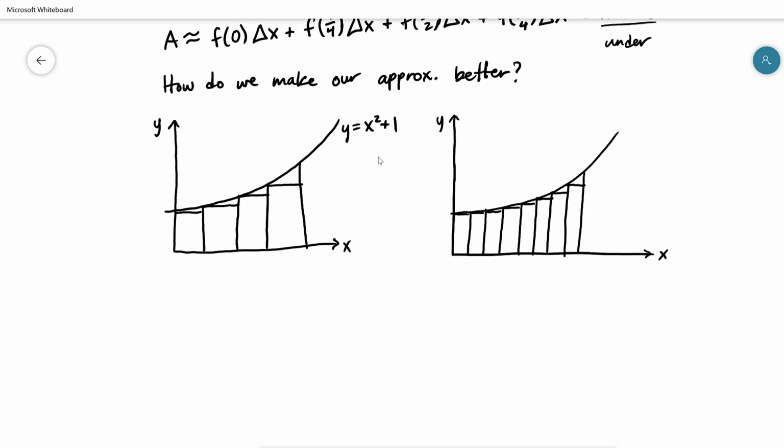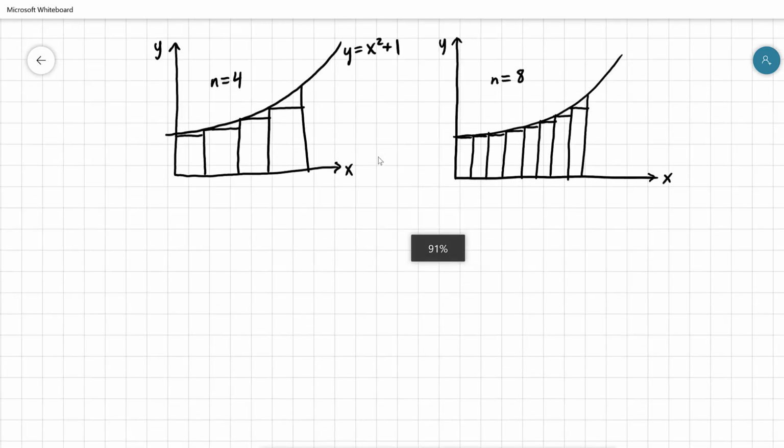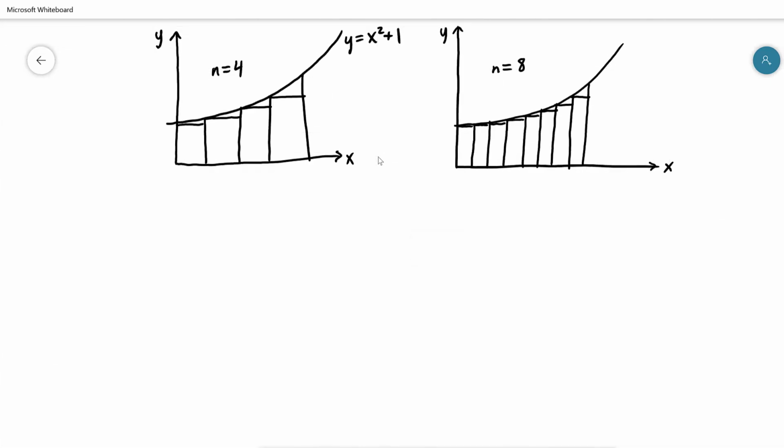Same shape, so here's n equals 4. We're letting n be the number of rectangles. Here's n equals 8 rectangles. I could go all the way up to 16 rectangles, and we're just going to get better and better and better if we use more rectangles.